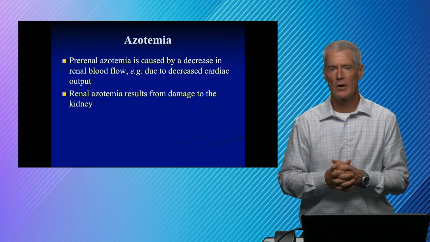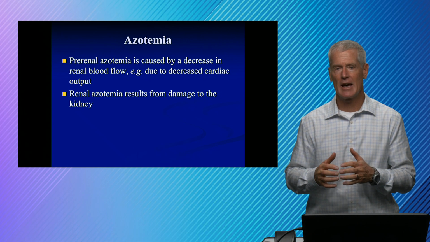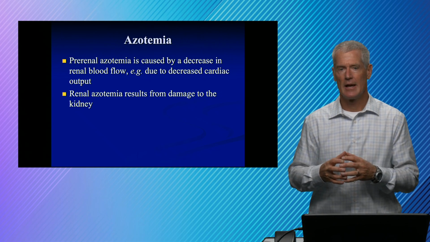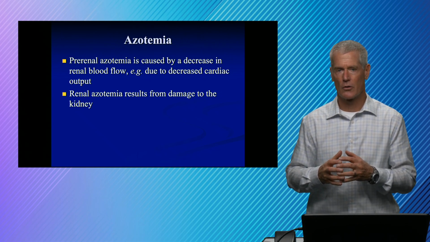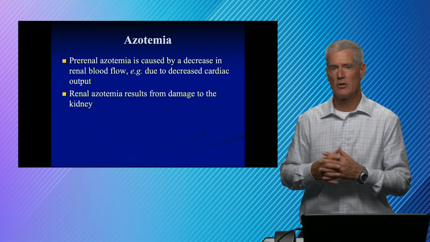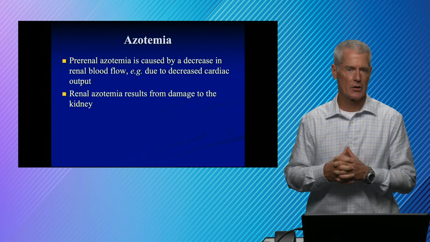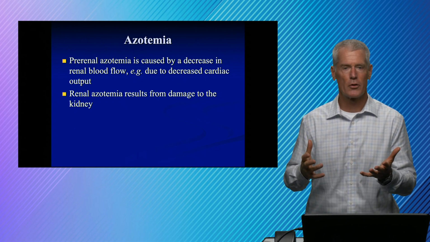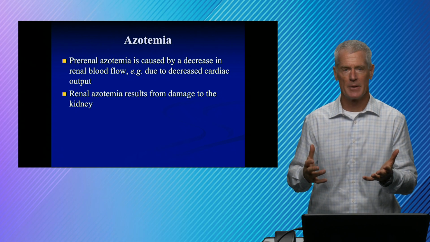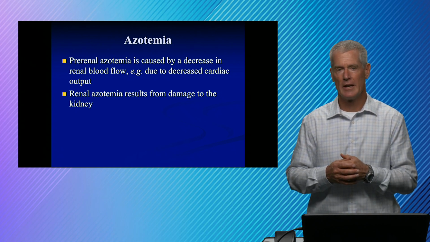That's different from renal azotemia. In renal azotemia, you actually have insults to the kidney, and in that case, you're not going to clear creatinine as well, and both your creatinine and your SUN are going to go up. In that case, your SUN to creatinine ratio, you would think if they both go up, that it wouldn't change, but in fact, the urea nitrogen goes up higher than your creatinine, so you do get an increase.